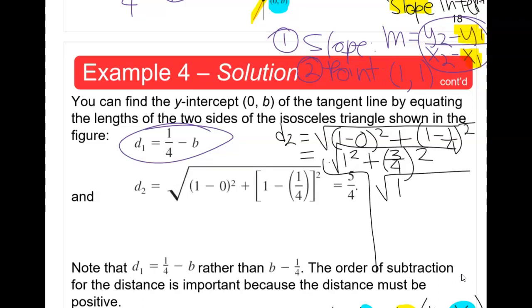For 1 squared it is 1, and for 3/4 squared we have to square both the 3 and the 4, so it will be 9/16. Now 1 in terms of sixteenths is 16/16. So 16/16 plus 9/16 is going to give us 25/16.